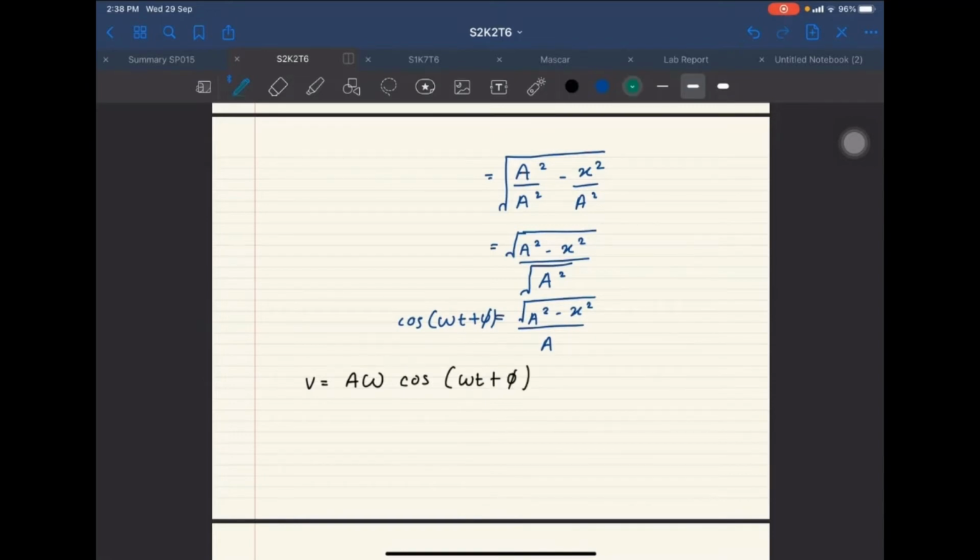So what I did is that I substitute the cos here. So you cancel out the A, the v now becomes omega square root of A squared minus x squared. Okay, since this one got square root, it can be positive, it can be negative. Okay, so boleh tak ikut apa yang saya tunjuk just now? So far boleh, sir.